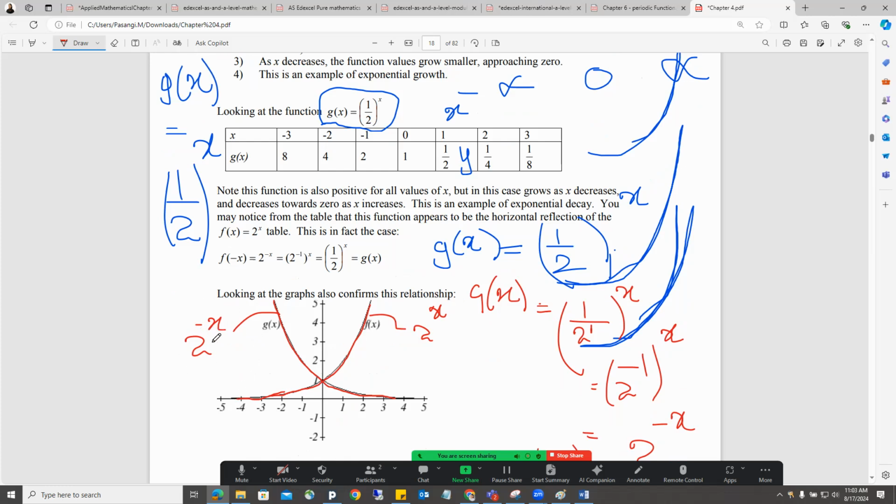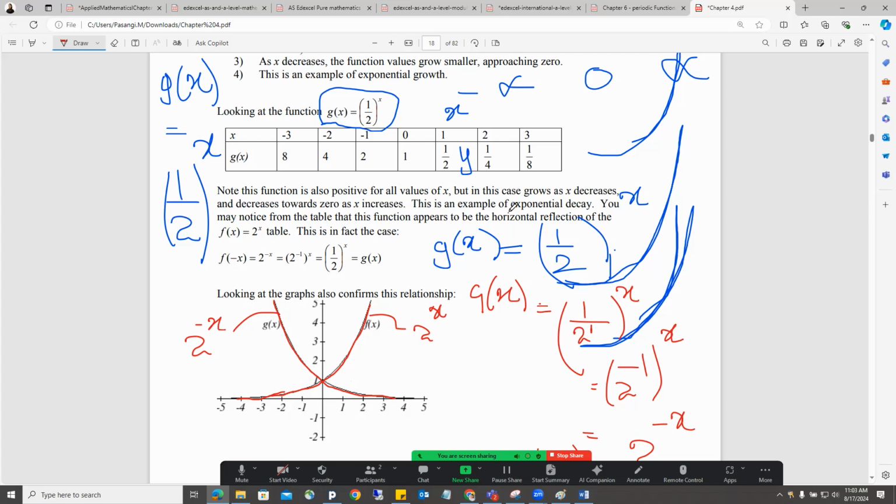But for 2 to the power of minus x, when the x value increases, the y value gets much closer to 0. And when the x value decreases, the y value increases a lot.